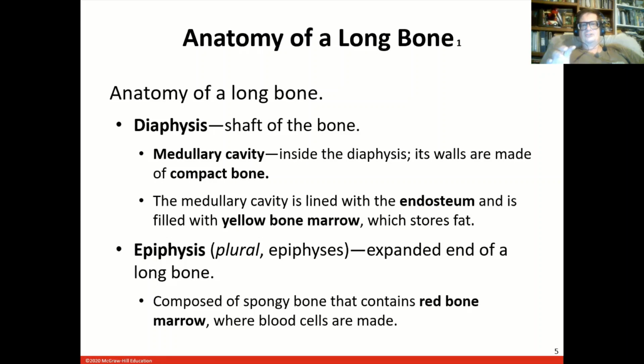We'll talk about spongy and compact bone later. The spongy bone has marrow in it also. But what we're talking about right now is that shaft of bone, it's hollow inside and filled with bone marrow, okay? So the medullary cavity in the diaphysis, compact bone walls, hollow in the middle. It's lined on the outside.